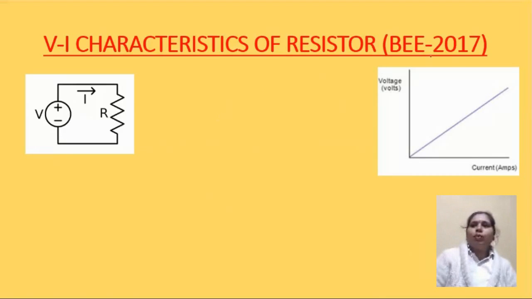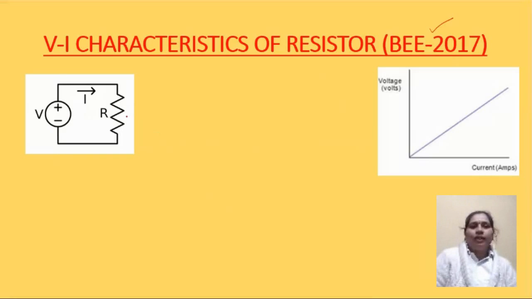This was the question asked in the 2017 BEE question paper. On the left side, you can see a circuit where a resistor is connected to a voltage source V. Here, by keeping the resistance value constant and varying the voltage, we are going to see whether Ohm's law is verified or not.